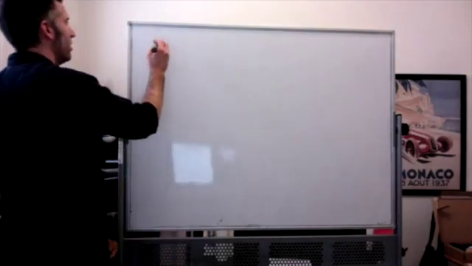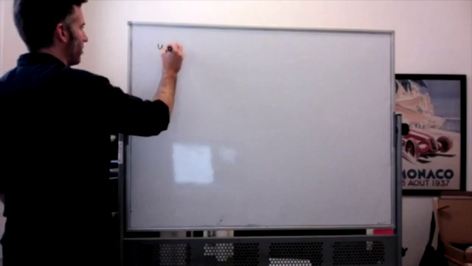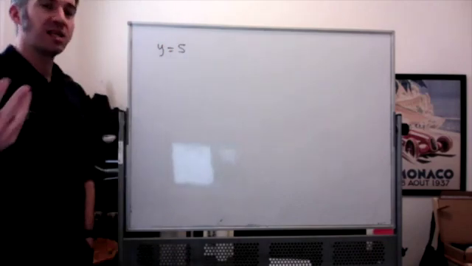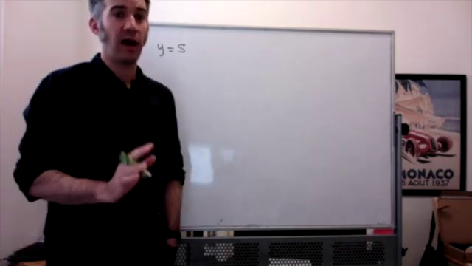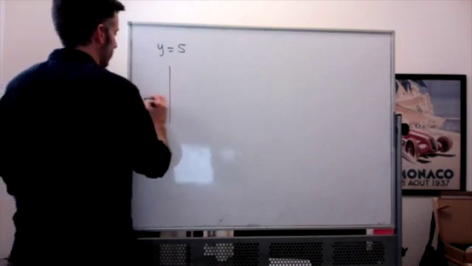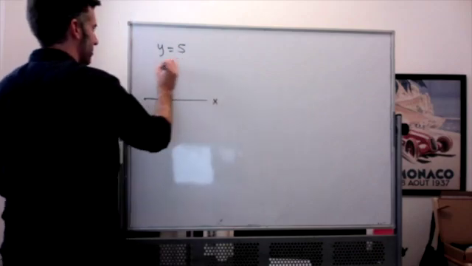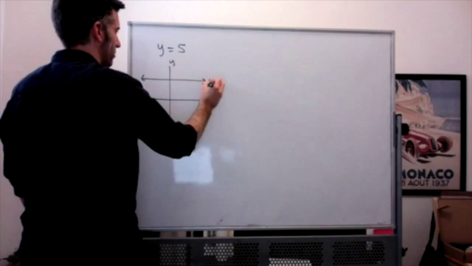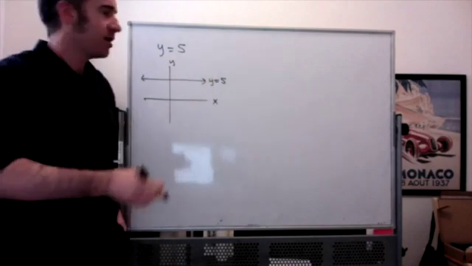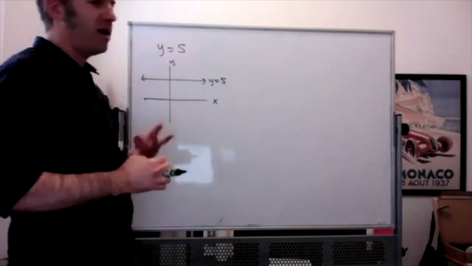For example, if I want to say what y equals 5 is, let's think 2 dimensions first. If I was graphing y equals 5 in 2 dimensions, I'd get a line. The way I think about it is I've lost a degree of freedom.